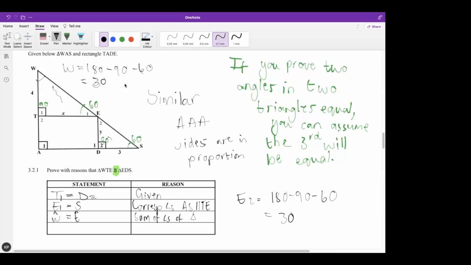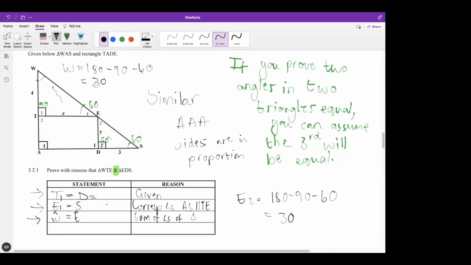Look here, we are minusing the same thing, 90 and 60. You always end up with the same answer. So therefore, if we prove that two are equal, we can then say the last one has to be equal because the sum of the interior angles of a triangle will always be 180, and therefore the third angle is equal to the third angle.